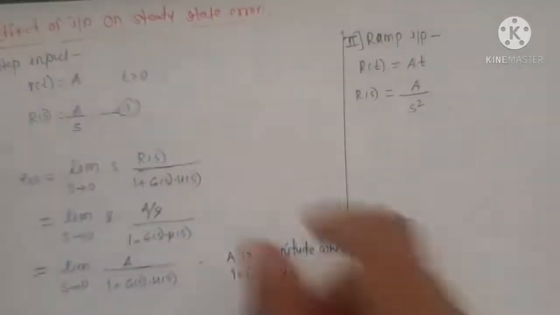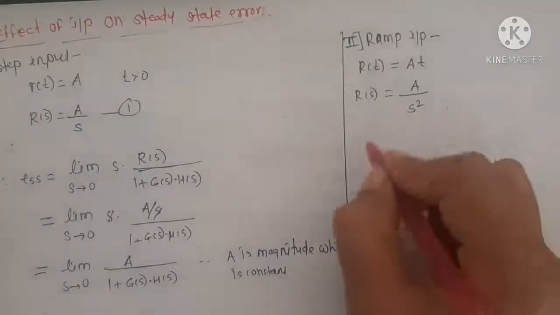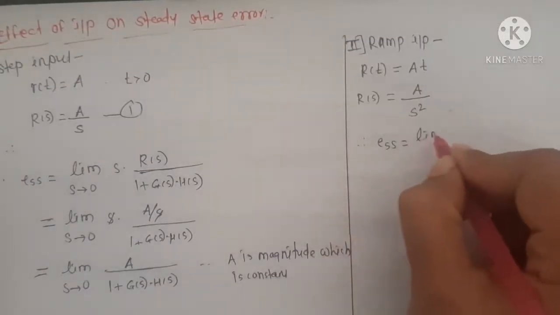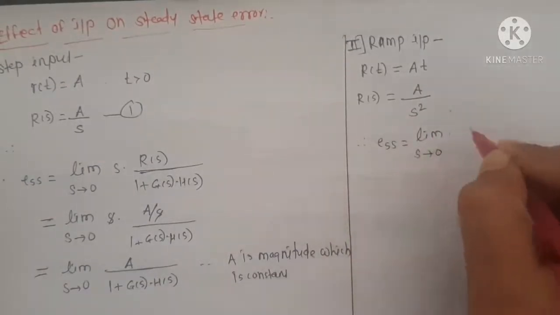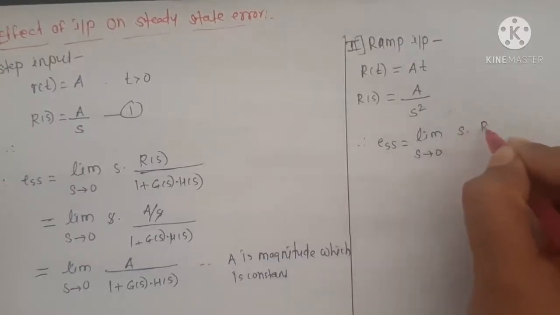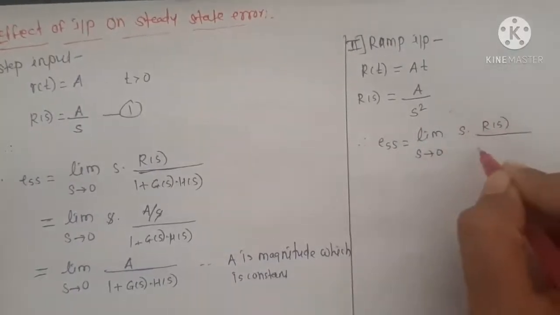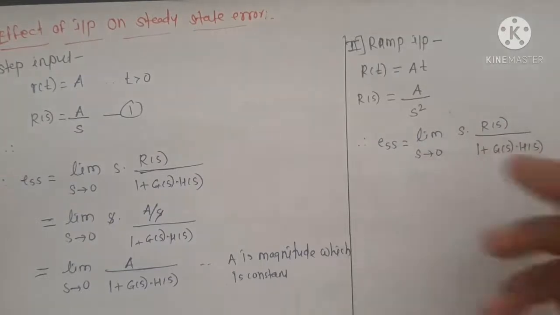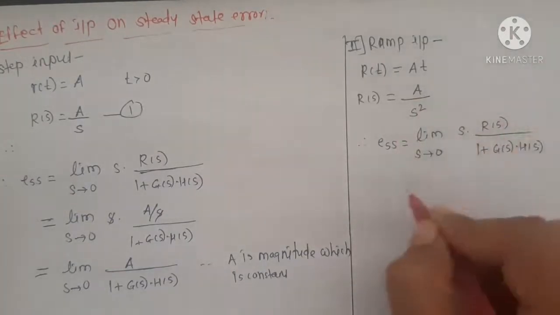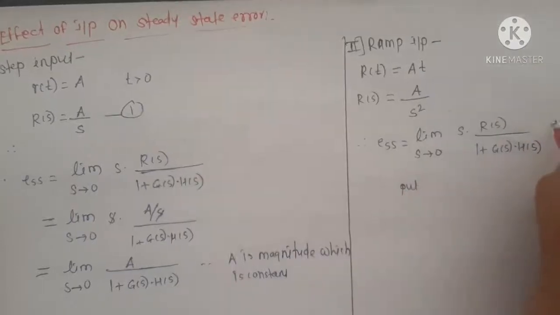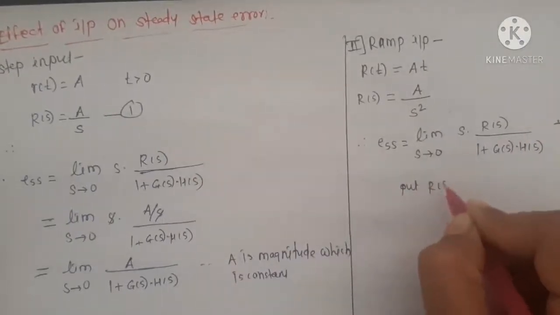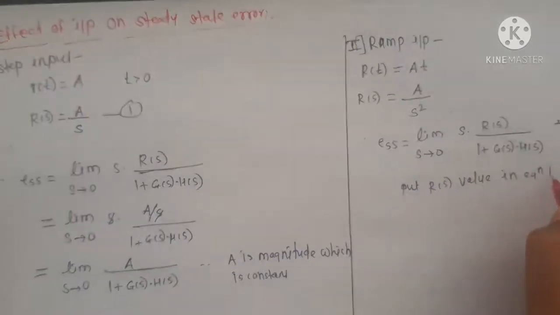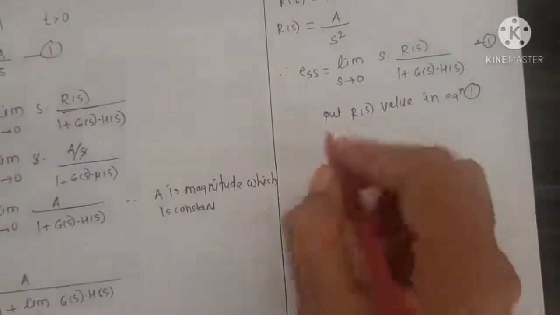So simply put that value in our steady state error equation, that is E of s is equal to limit s tends to 0, s into R of s upon 1 plus G of s into H of s. Put this R of s value in the equation.